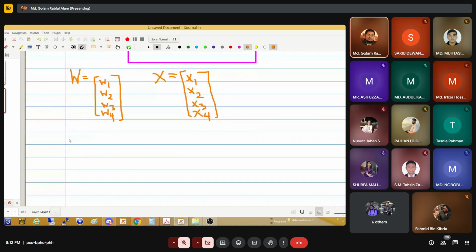Now we want to find the W transpose X, the dot product of these two, W and X. So W transpose will be w1, w2, w3, and w4, and X will be x1, x2, x3, and x4.